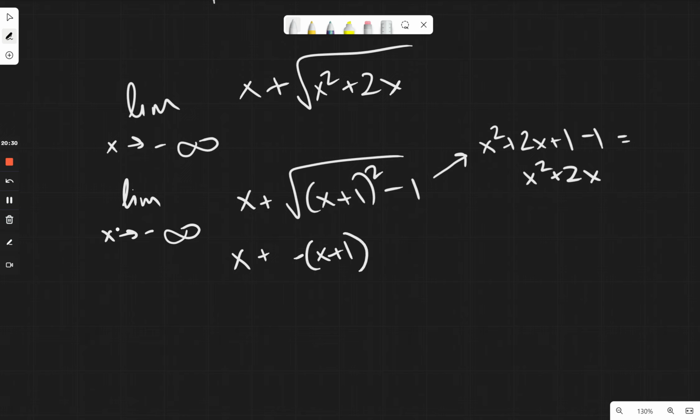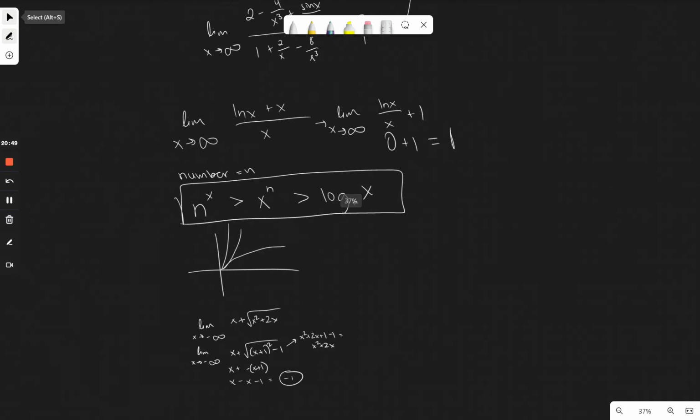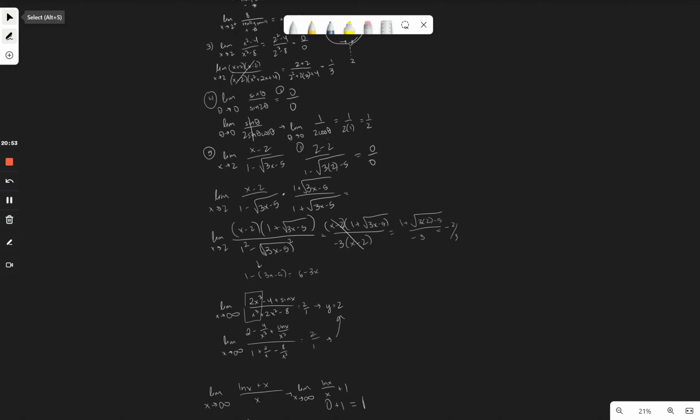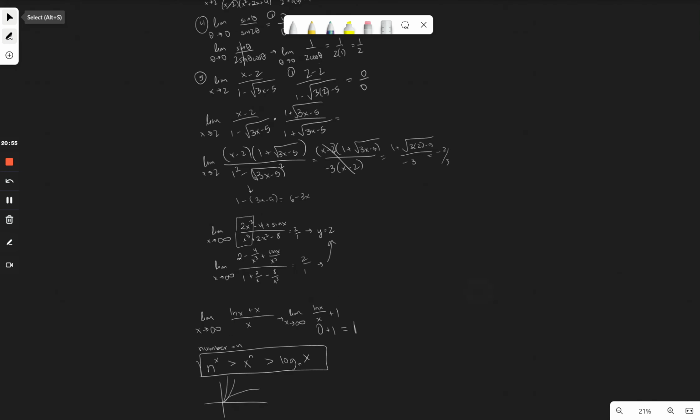We took the square root of (x plus 1) squared, and it's got to be the negative square root because this is as x goes to negative infinity. And so this becomes x minus x minus 1, which is equal to negative 1 as our answer. And that is completing the square. And wow, that was a lot of talking, but at least you learned some pretty important stuff.